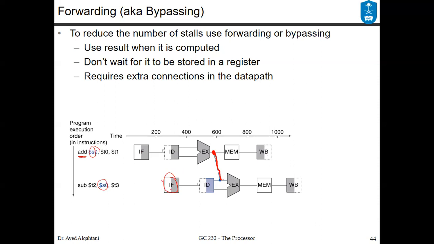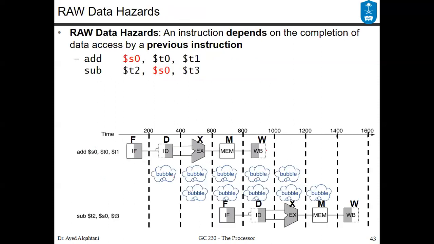Comparing this to the previous slide, if you don't add anything to the hardware, then you will only have the result ready when you're done with the write back, and you supply it to the ALU in the execution stage. And going back, fetch and decode, here you have to wait 2 cycles.